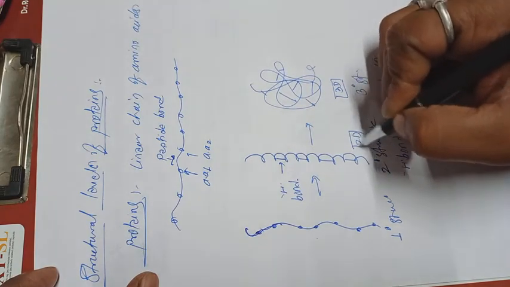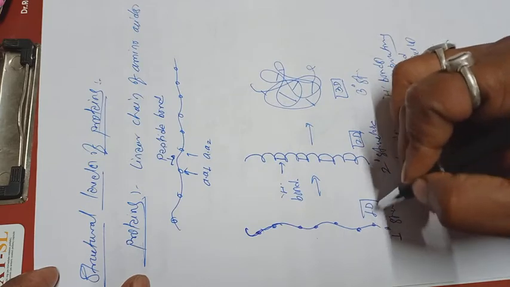The secondary structure is two-dimensional. The primary is a one-dimensional structure.